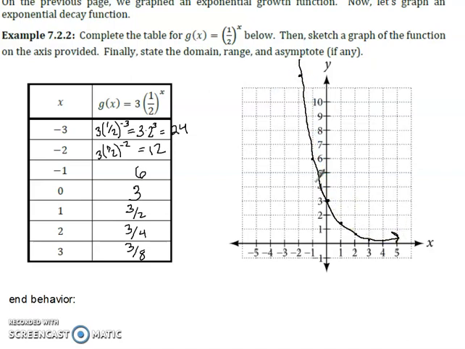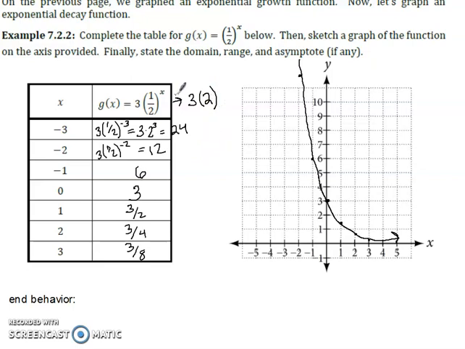Okay, so on that right-hand side, as this x value becomes more and more negative, what happens is that my x value, if it is negative, is going to flip my 1/2 over into a 2. So I will have 3 times 1/2 to some negative number. It doesn't matter what that negative number is. If that number is negative, that fraction then becomes a 2 or 2 over 1.